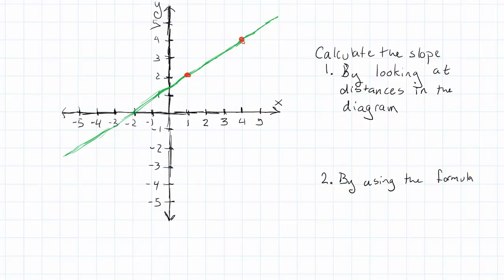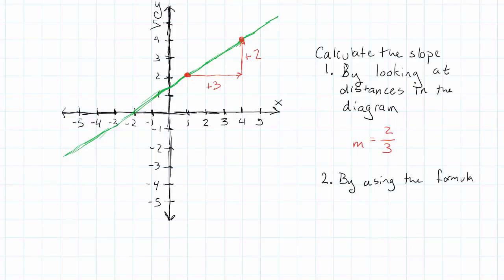Looking at distances in the diagram, to get from this point to this point, I have to go to the right 3, and I have to go up 2. So my slope is going to be my change in y over my change in x, so 2/3.